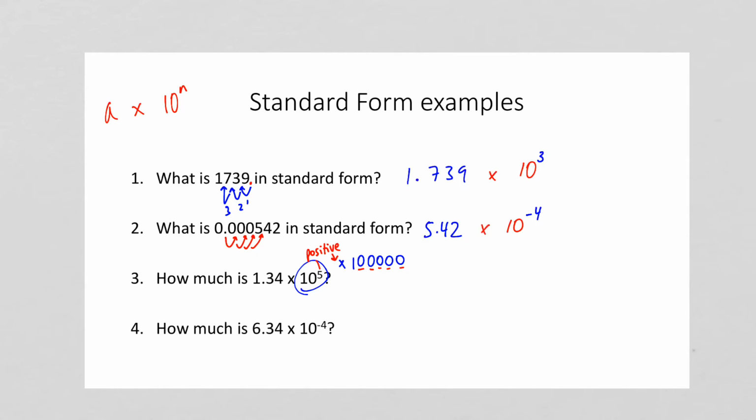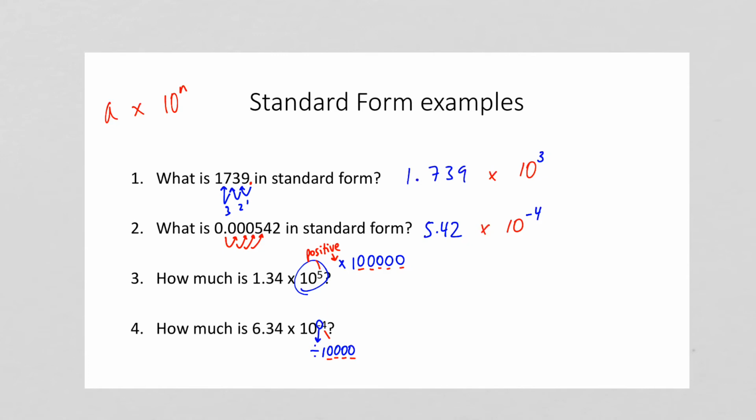Before we do that question, let's look at the one underneath, times 10 to the minus 4, and 10 to the minus 4 is going to be divide by 10,000. How do I know it's 10,000? Because 4 zeros, 1, 2, 3, 4, and it is a negative number, which means divide.